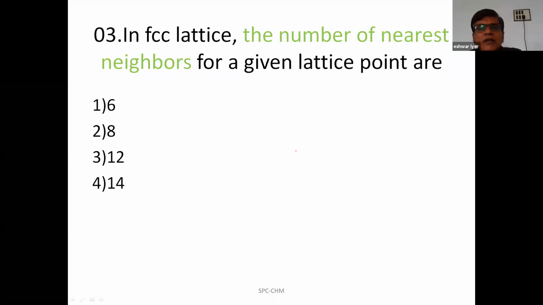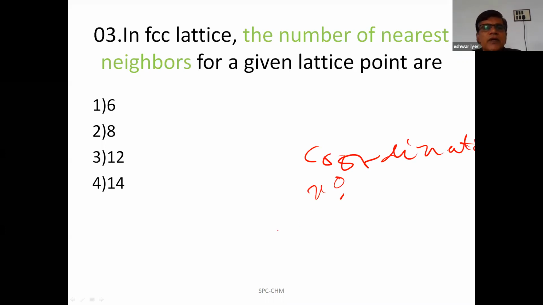In FCC lattice, the number of nearest neighbors for a given lattice point are. The other meaning of the number of nearest neighbors is the coordination number. So you have to find out how the constituents are arranged in FCC.